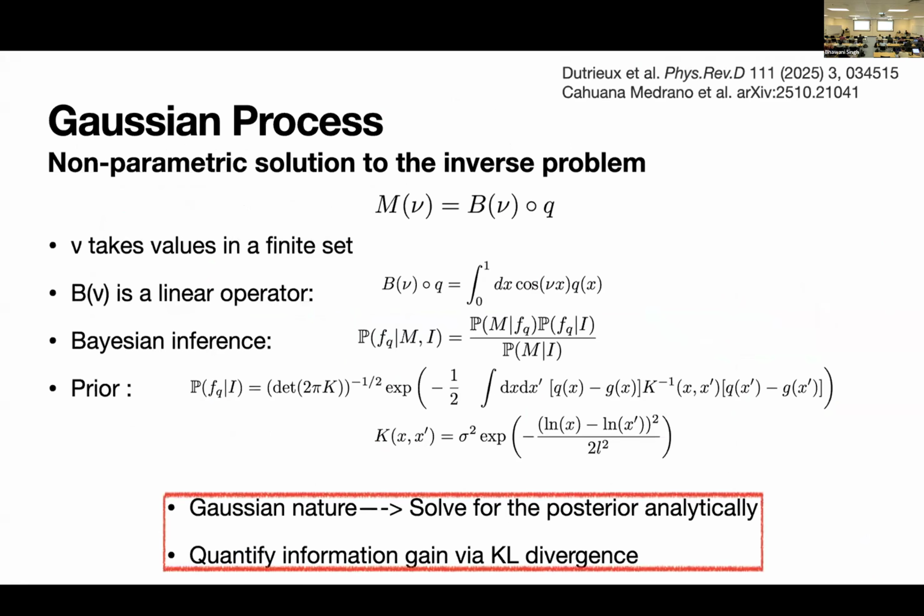There are some modern techniques that go by the name of Gaussian processes, where you parameterize the unknown functions not as a known functional form, but your unknown function is a bunch of values on a grid.